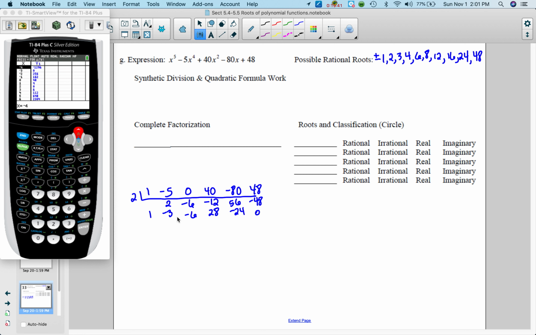Okay, so that works, which means x minus 2 is a factor. And then we said negative 3 works.